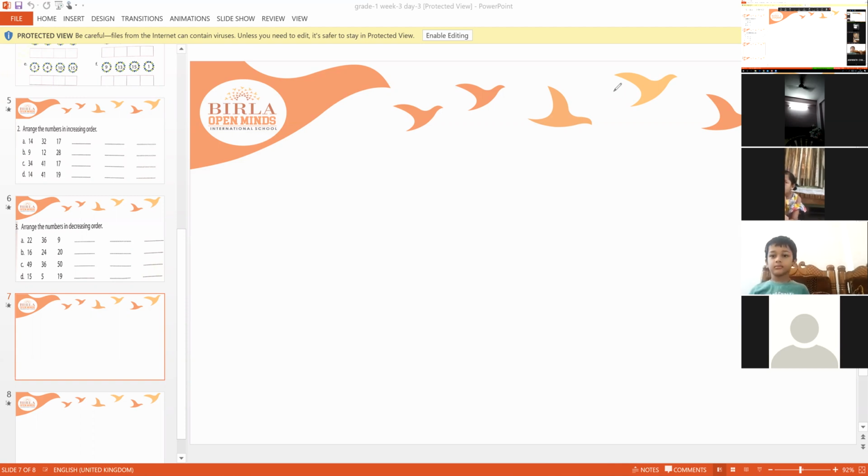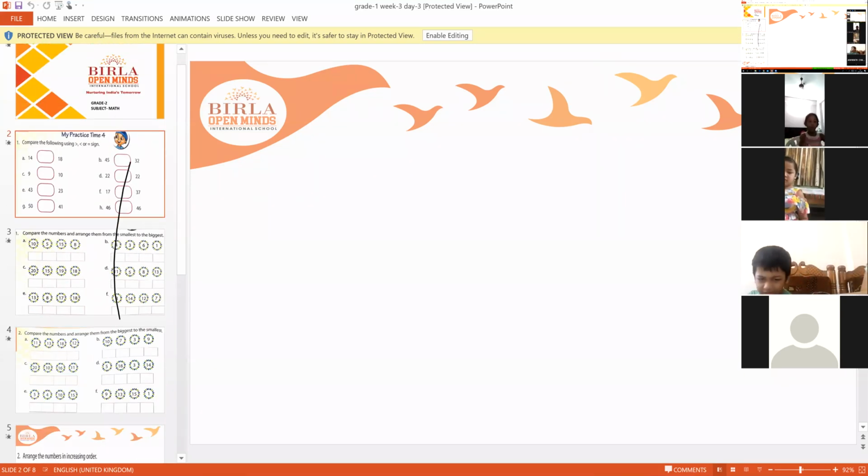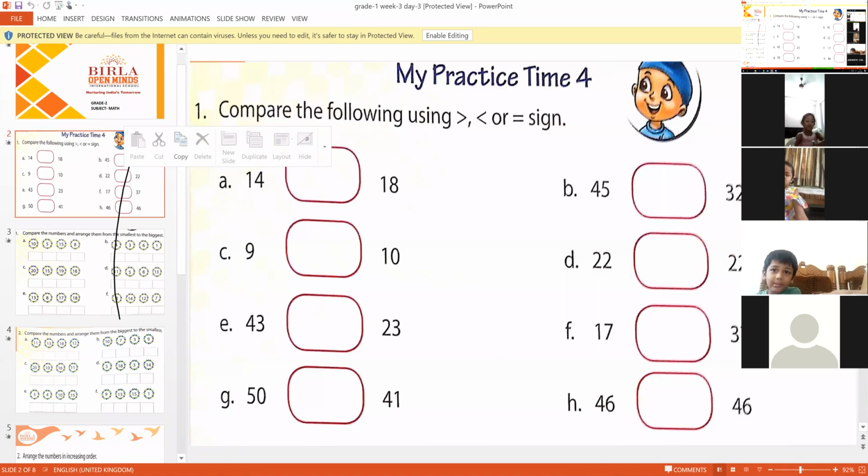Okay, so children, now come to the first question in your book. In that first question, you have to compare the numbers and write down the correct symbol. Okay.